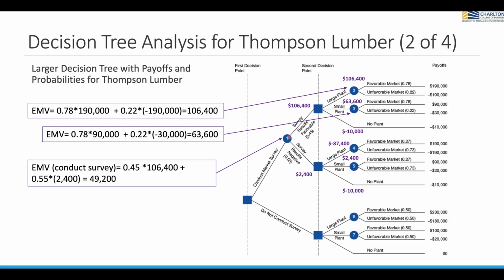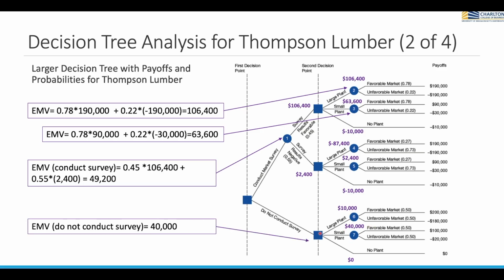So the expected monetary value for node 1 is $49,200. For the other scenario, in which the company decides not to conduct the survey, the payoffs are the same as we discussed before, and the maximum payoff here is 40,000 that goes here.